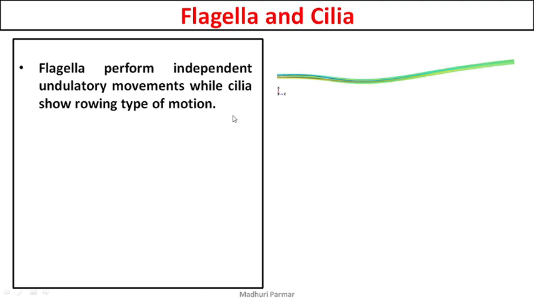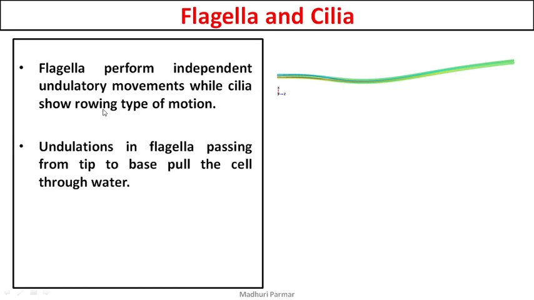While cilia show a rowing type of motion. Rowing is like, remember that song, or if you have seen it, row the boat, right? How the oars move in the boat, the same way cilia move in a rowing type of motion. Undulations in flagella pass from tip to the base, pulling the cell through the water.